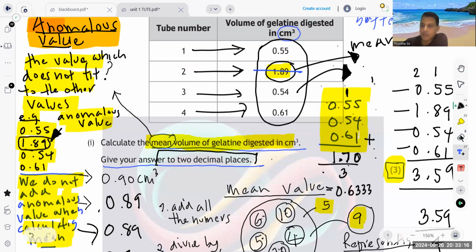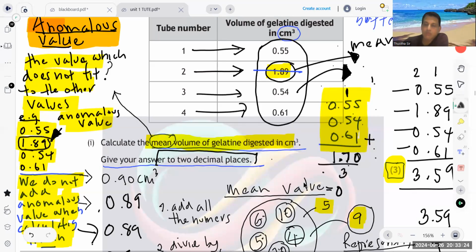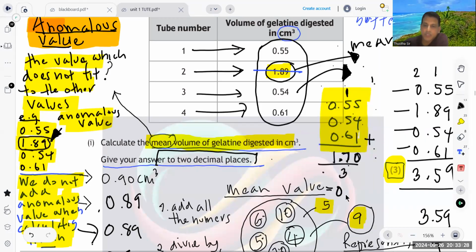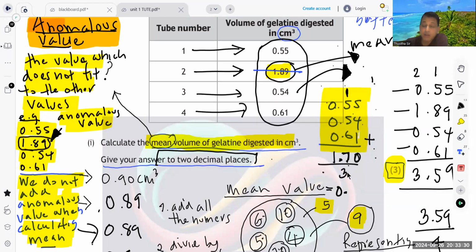Yes, I think that's the correct answer. So for this one I should make manual corrections. 0.63. 17, 3 times 5 is 15, 20 left. 6, 6, 6. So then round it up to 2 decimal places.